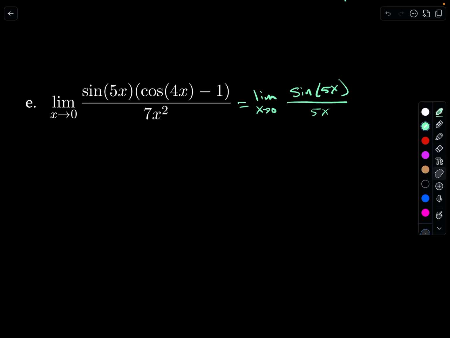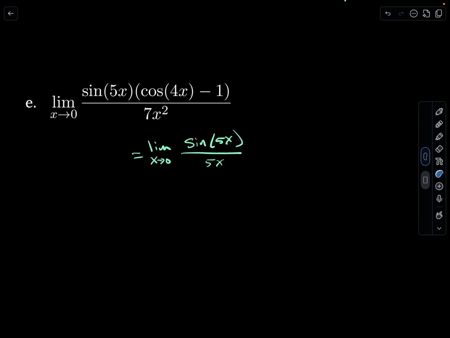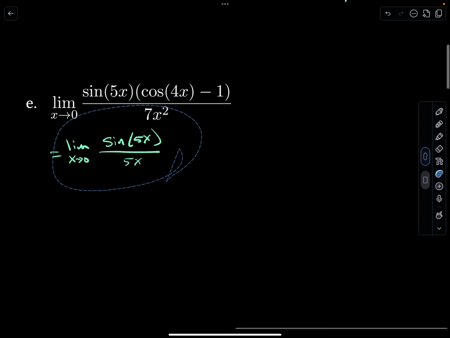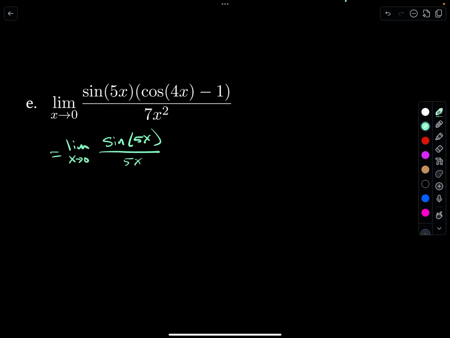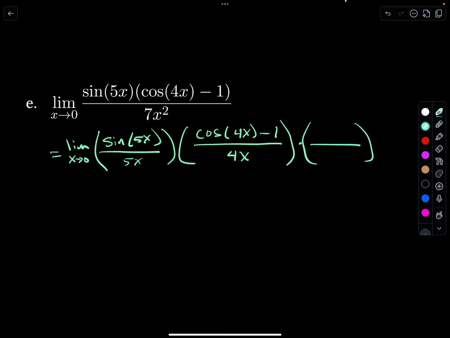I'm going to need more room than this. Hold on a sec. And then multiply this times the cosine of 4x minus 1 over 4x. And then we're going to have to multiply by one more fraction to keep things balanced.